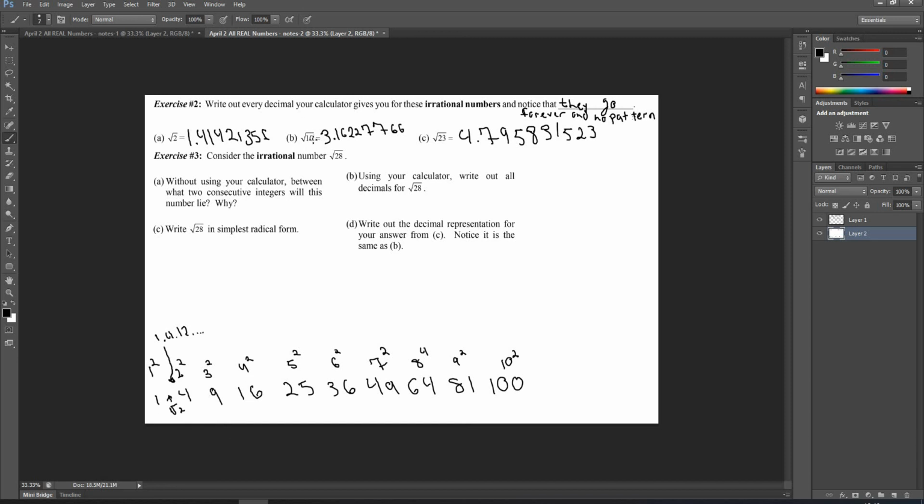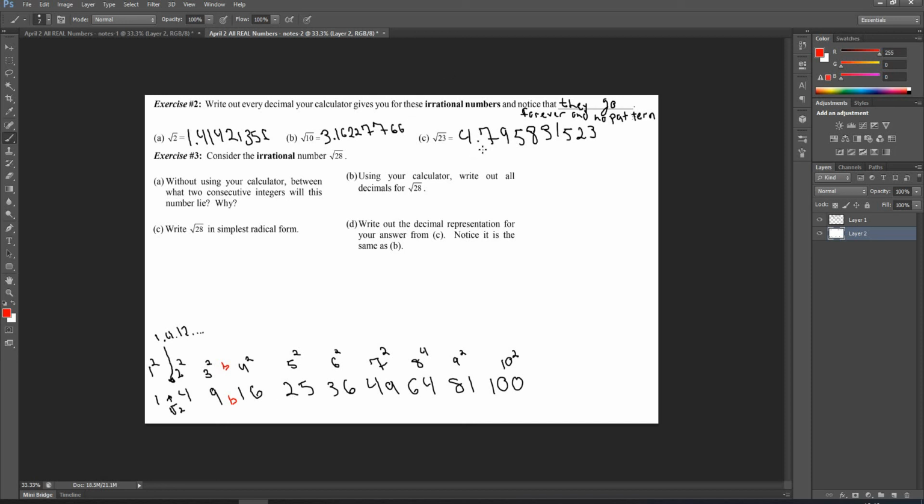The square root of 10 is between 9 and 16, and 3.162 is between 3 and 4. So here's B. Now square root of 23 is between 16 and 25.